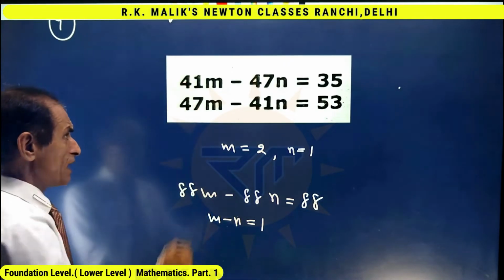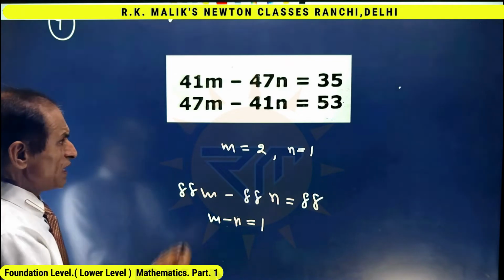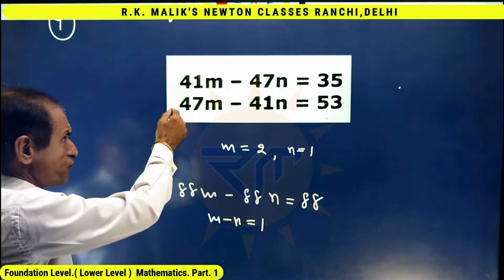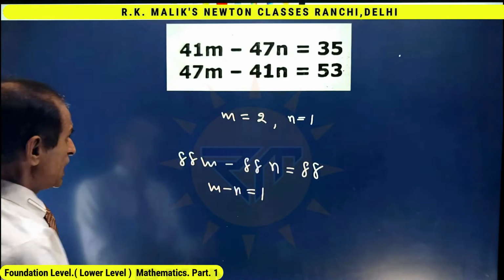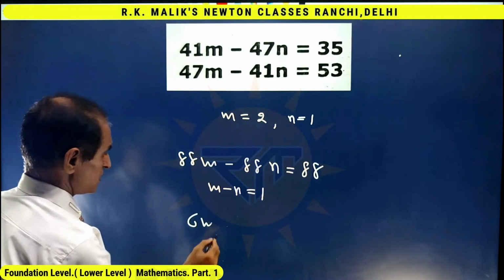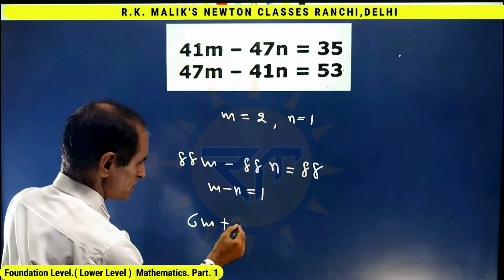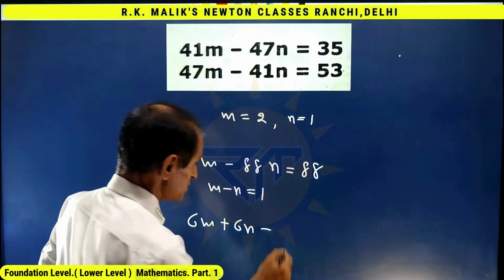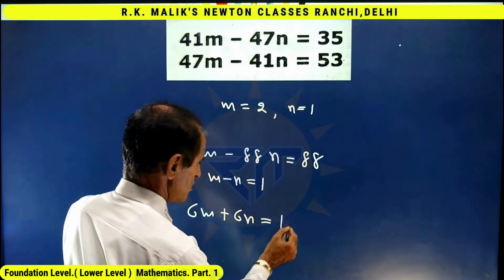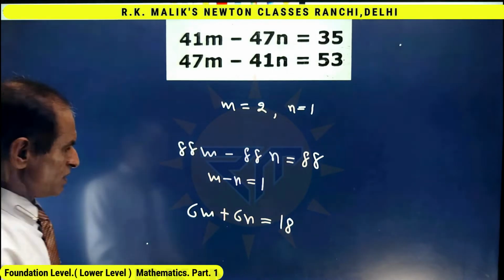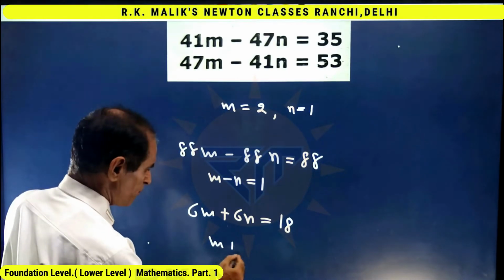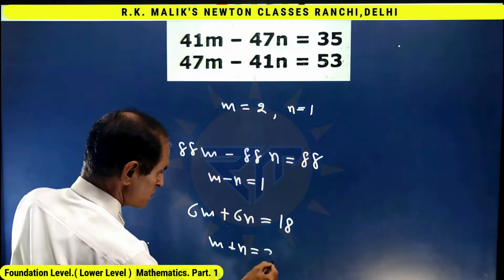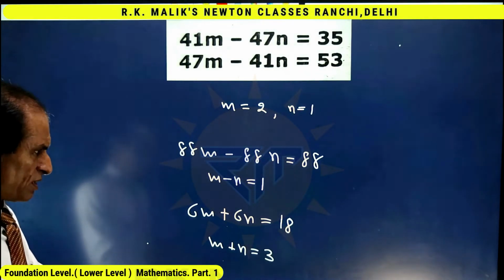And if I subtract these equations, that is I subtract first from second, I will get 6m plus 6n is equal to 18. That is, m plus n will be 3.